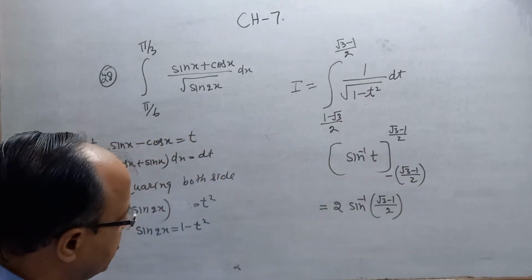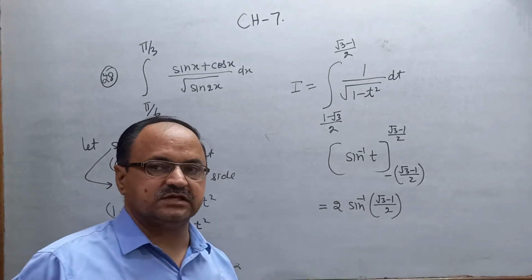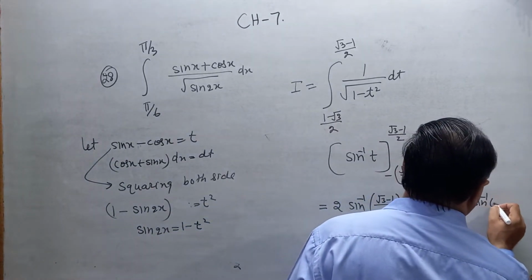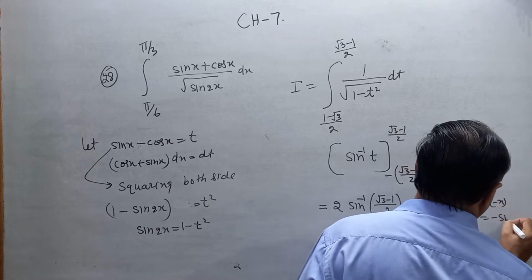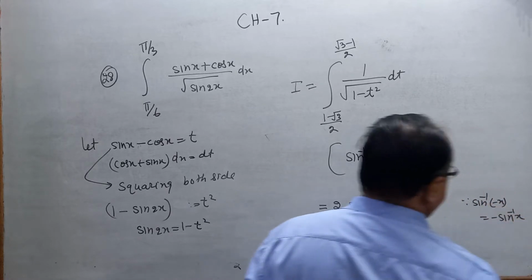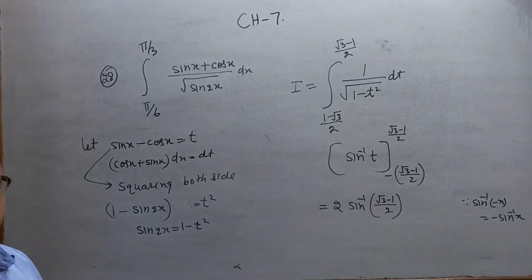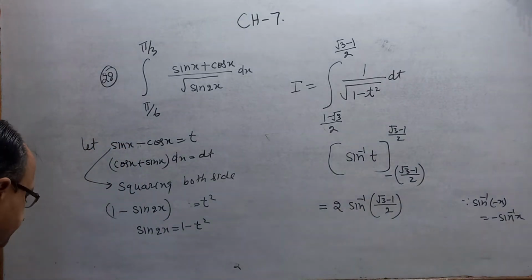Correct? Because sin inverse of minus x is minus sin inverse x, that is the property in the second chapter. Clear? This is the solution of question number 28.